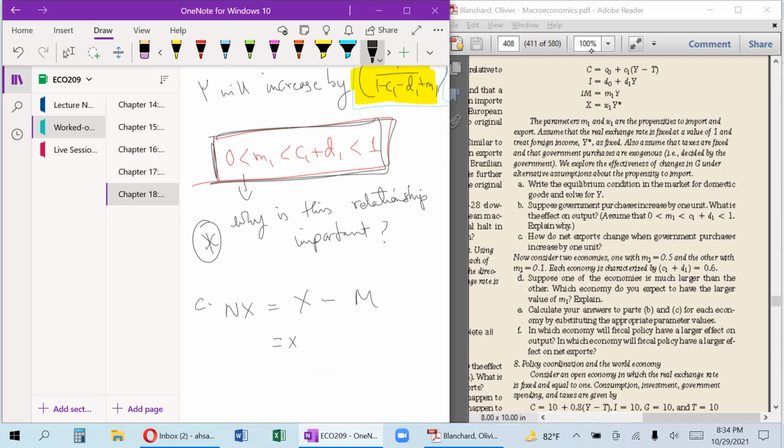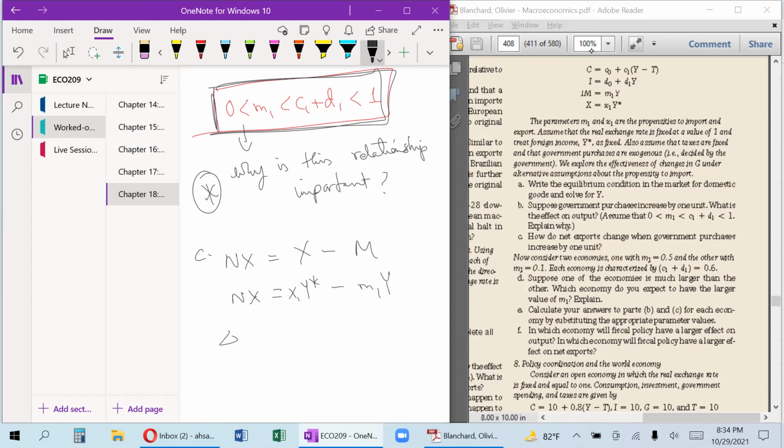So we have x1 y star minus m1 y. This is NX. Now the question is, what will be the change in NX if there is a change in G? So what we have seen in part B is that when G changes, there is going to be a change in Y, right?